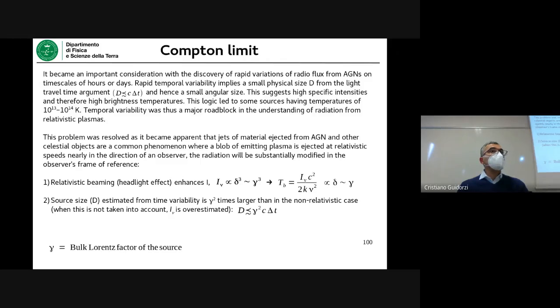You should wonder, isn't it that I'm dealing with an ultra-relativistic source? And the second option, as I already mentioned repeatedly, is that it's the process itself that is no more incoherent, but is a coherent process.